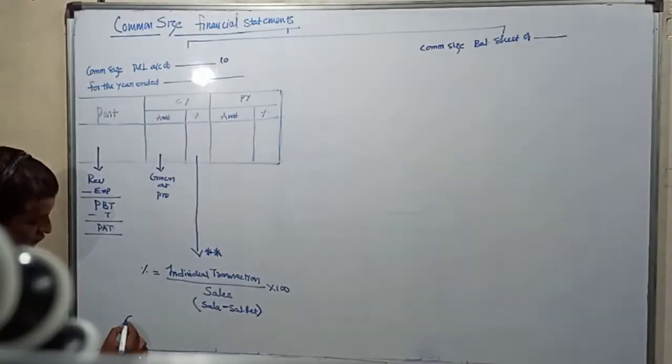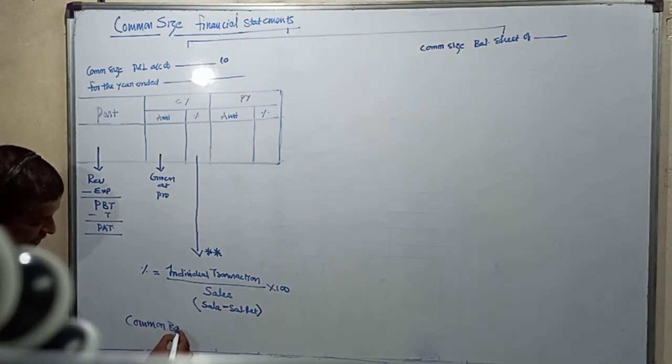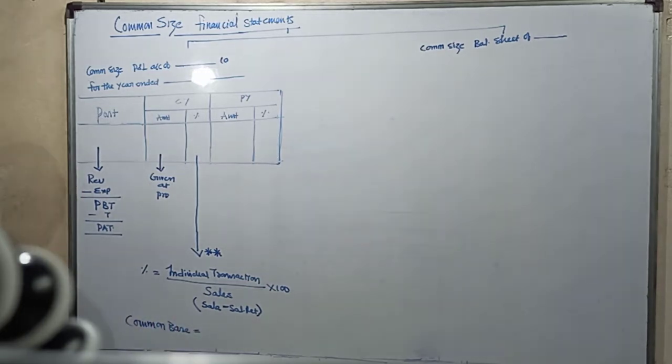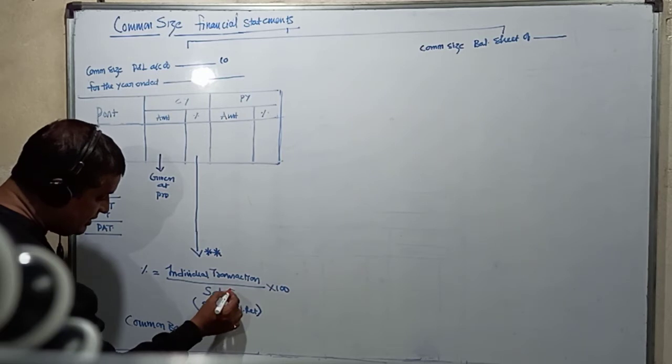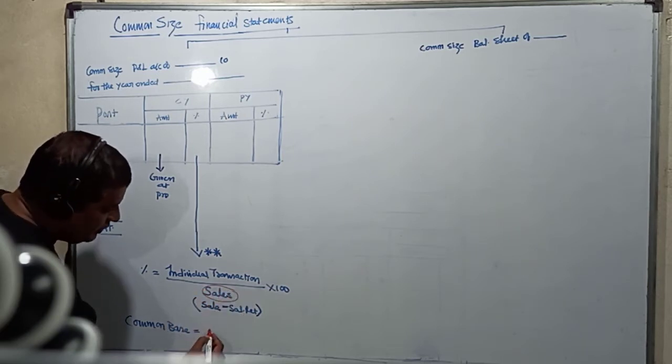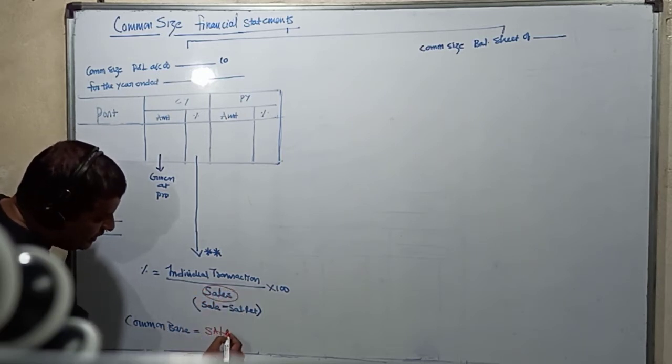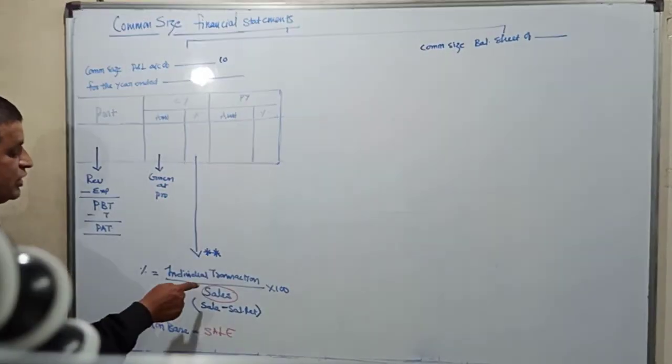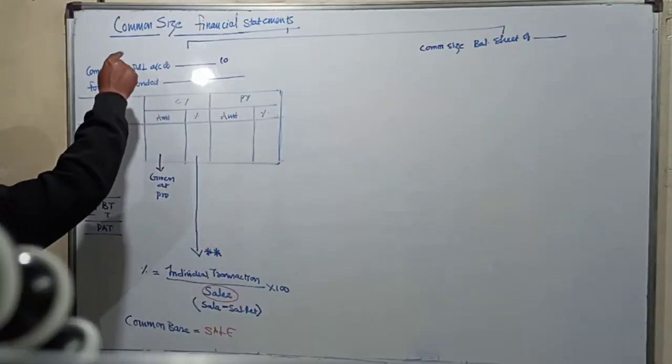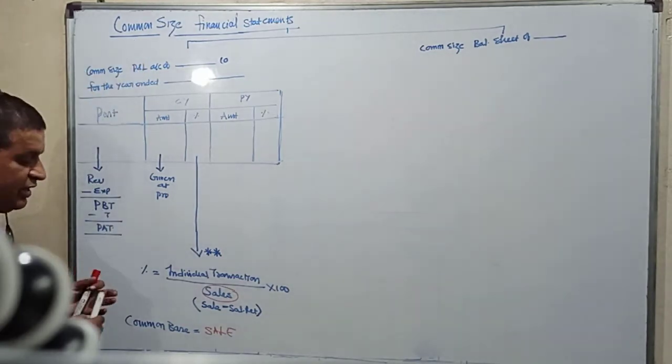Now if you see here, every revenue and every expenditure is divided by sales. So what is the common base here? The common base for all transactions is sales. That is the reason why, because we are using a common base as sales, we call it a common size statement.